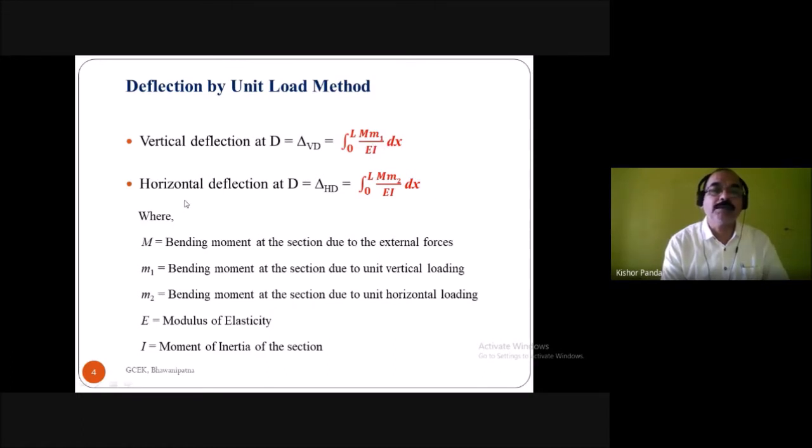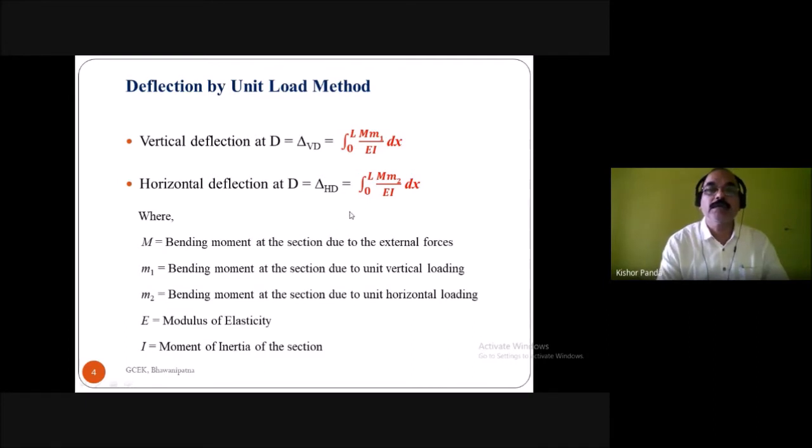Similarly, the horizontal deflection can be found using this formula: the horizontal deflection at D, delta HD, is equal to the integral from 0 to L of capital M small m2 by EI into dx, where capital M is the bending moment at the section due to external forces, small m1 is the bending moment at the section due to unit vertical loading, and small m2 is the bending moment at the section due to unit horizontal loading. E is the modulus of elasticity and I is the moment of inertia of the section.